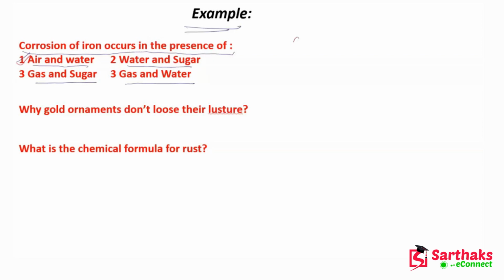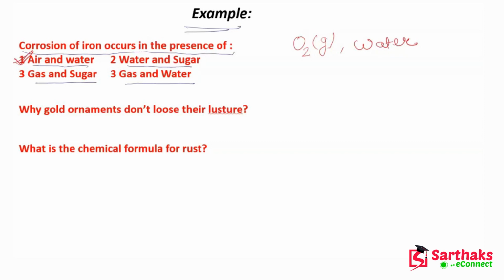Air means oxygen, because if there is air, then oxygen will also be there, and water basically means we are talking about moisture. So these two are very very important. I hope guys this thing is clear to you. So the answer for this question is option number 1.